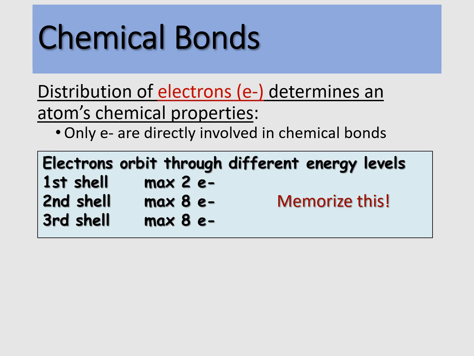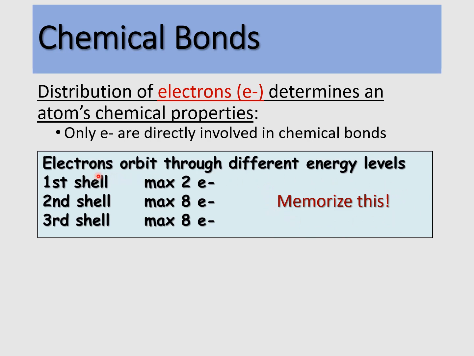So when we look at our atomic model, all the electrons are going to be in these shells or these orbits. And it just depends on the energy level of the electrons with what shell they're going to be in. So you're going to have to memorize this table and this level of electrons in the shells, okay?